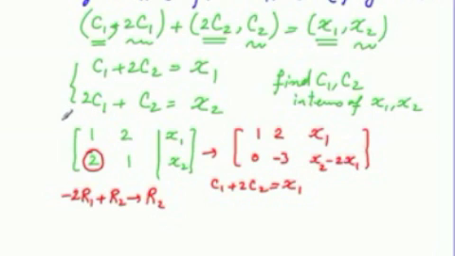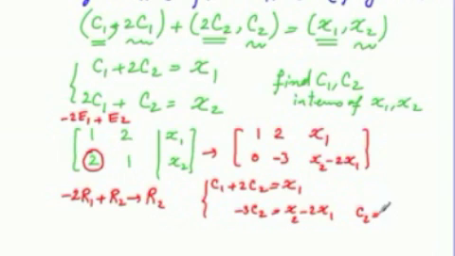Add minus twice equation 1 to equation 2, which gives you minus 3c2 is equal to x2 minus 2x1. Okay, so either that style or this style. What does that tell me about C2? It's going to be the right hand side, x2 minus 2x1, over minus 3. Is that right?